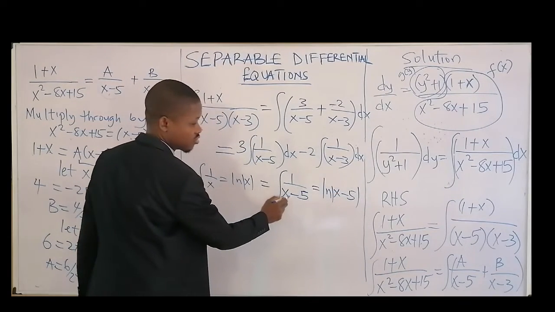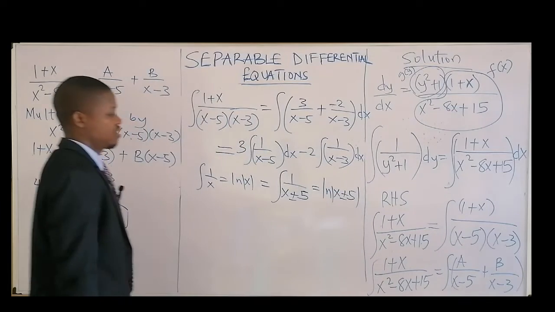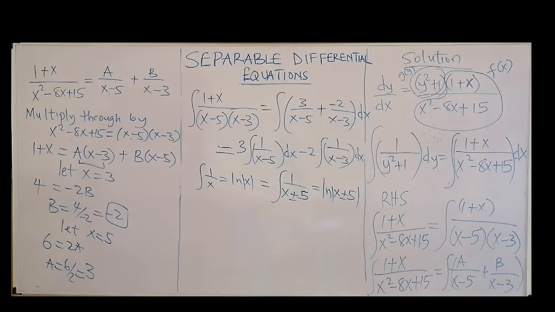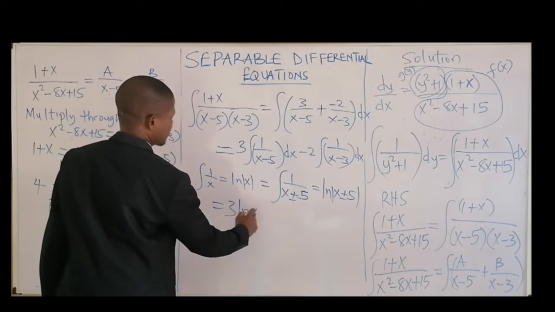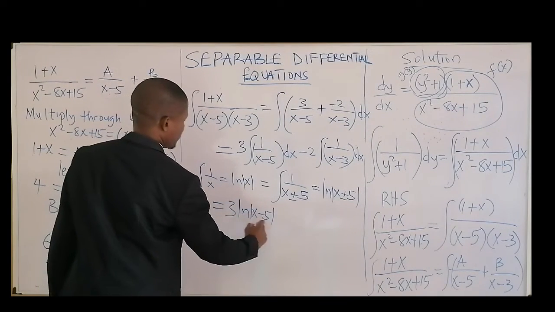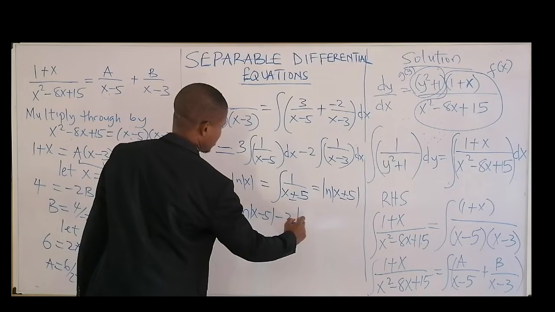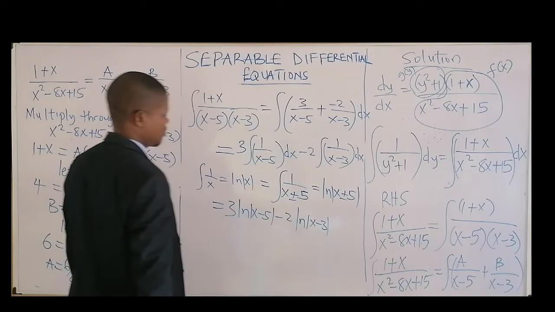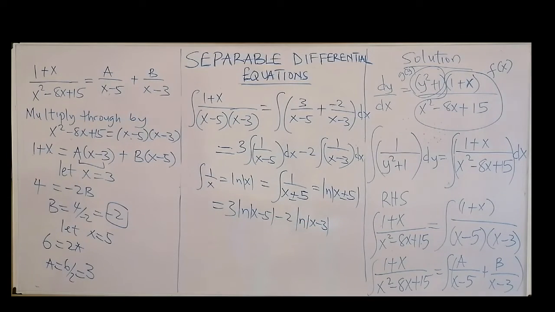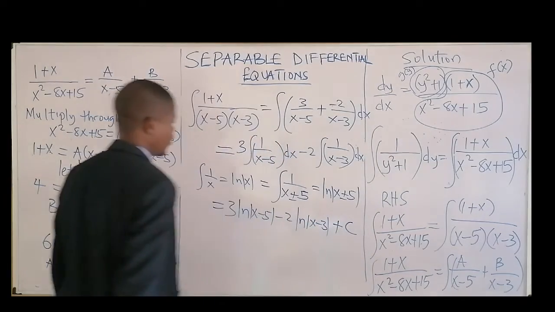So whether you add or you subtract, either plus or minus, it doesn't change the form of the result. So in this case, this will be equal to 3 ln(x minus 5), and then minus 2 ln(x minus 3). Okay, so that's for the right hand side, and then plus c. So I'm done with the right hand side.